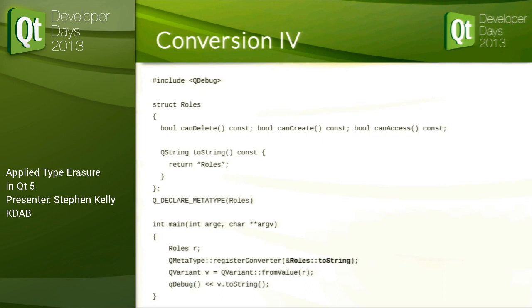Then inside of my main function, I create an instance of it, and I register the toString method as a converter from roles to a QString. I put the roles instance in a QVariant, and then I can qDebug that, and that outputs exactly what the toString method creates.